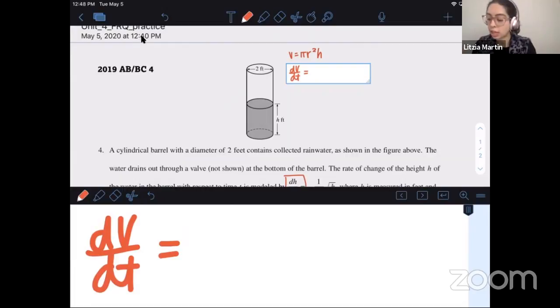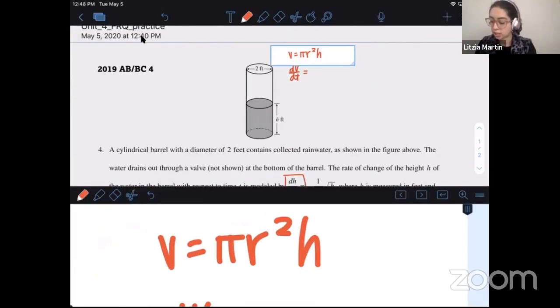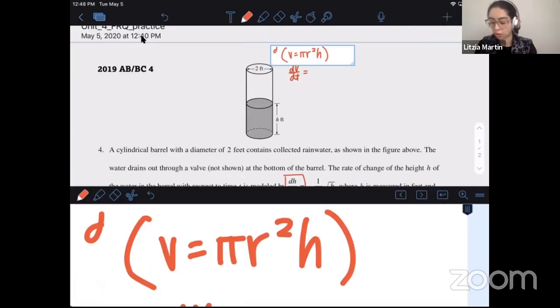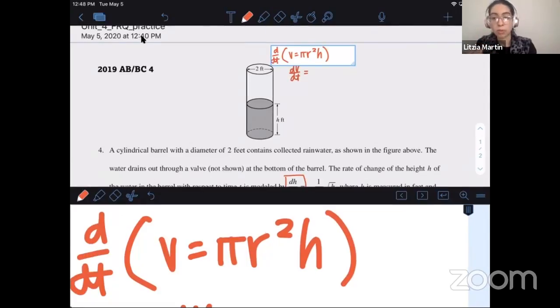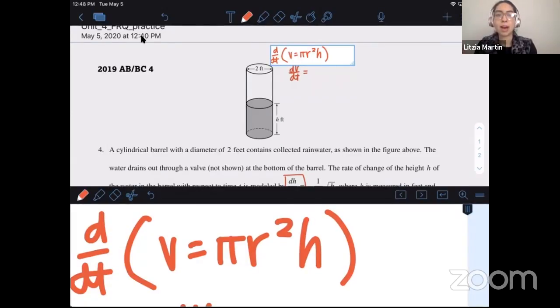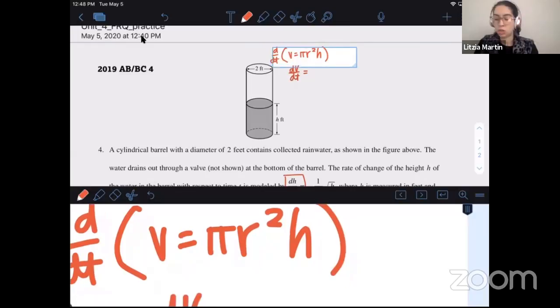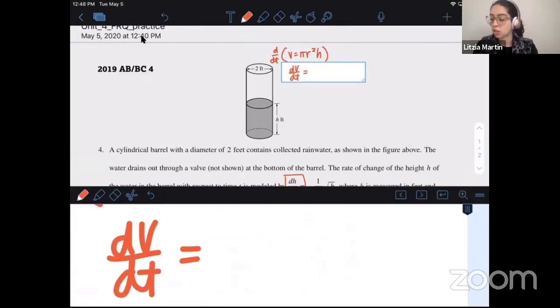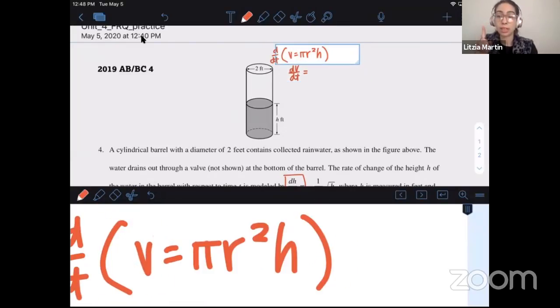Remember, since we're taking the derivative with respect to t all the way through, the variable would be t, and when we're taking the derivative of any other variable, we have to multiply. We're using implicit differentiation, right? So we have to multiply by that derivative. In this case, the derivative of V would be 1 technically, but then we multiply that by dV/dt, so we just have dV/dt.